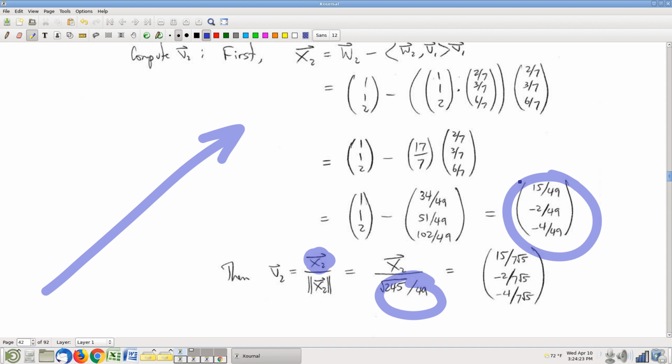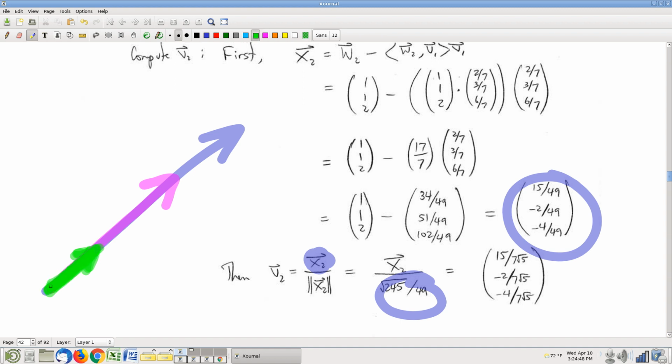Here's the tricky idea. When you divide a vector by its own magnitude, what you get is exactly the same as what you would have gotten had you multiplied that vector by any positive scalar and then normalized.